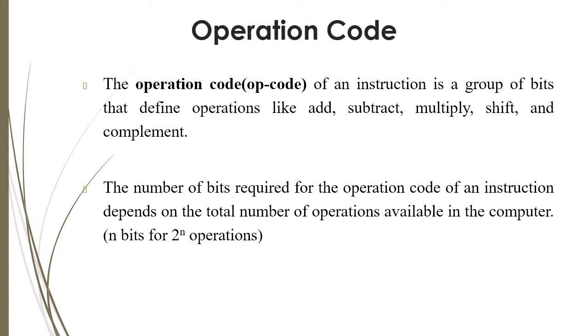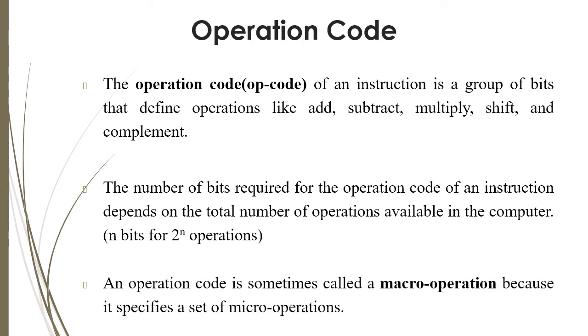That is n bits for 2 raised to n operations. The operation part of an instruction code specifies the operation to be performed. An operation code is sometimes called a macro operation because it specifies a set of micro operations.